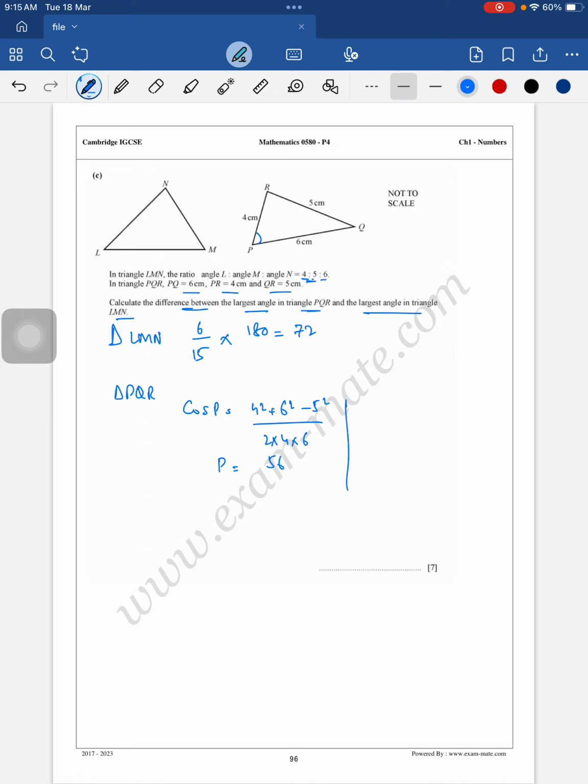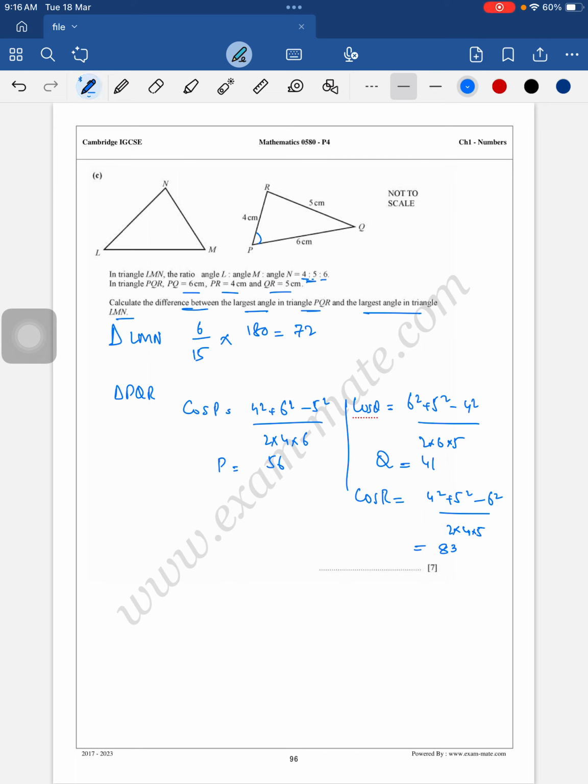Then Q, cos Q is equals to 6 square plus 5 square minus 4 square over 2 into 6 into 5. Putting in calculator, 41.4, so I'm taking it as 41. Now cos R is equals to 4 square plus 5 square minus 6 square over 2 into 4 into 5. Taking inverse of this whole value, we are getting 83 as a rounded value, right? So 83 is the largest angle.